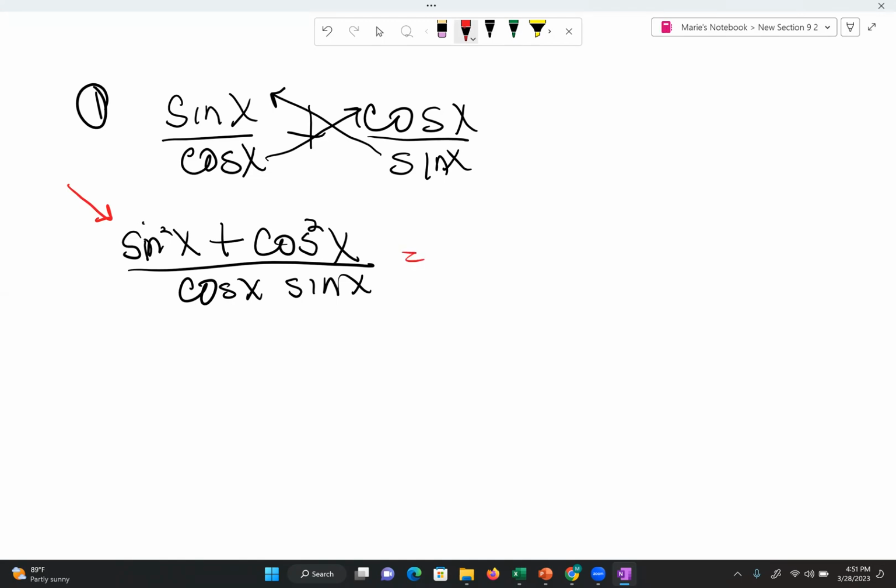So you really have 1 over cosine x times 1 over sine x, which can be scrambled. Obviously, I could have sine x, cosine x, doesn't matter. Your final answer for this should end up being, depending on the order in which you presented these, in this case, I believe it should be the inverse identity or reciprocal identity, excuse me.